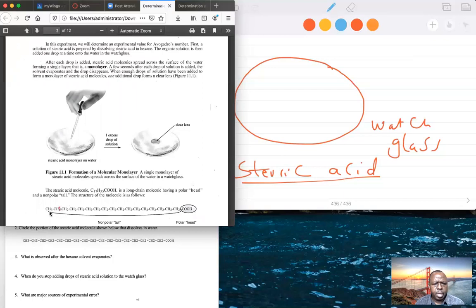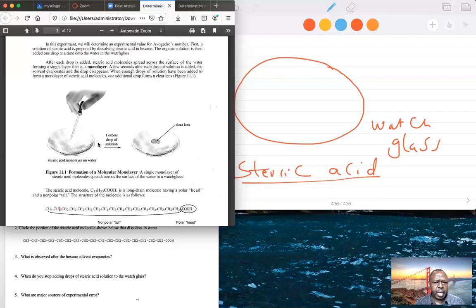This is the molecule of stearic acid, and it has what we call a polar head and a nonpolar tail. The polar head has positive and negative terminals. The tail has no polarity, meaning the electrons are uniformly distributed. The head end will dissolve in H2O, but the tail will just form a layer on the surface of H2O.